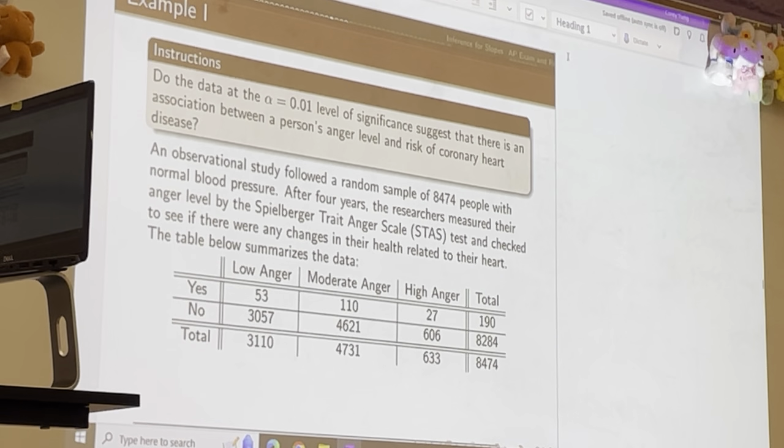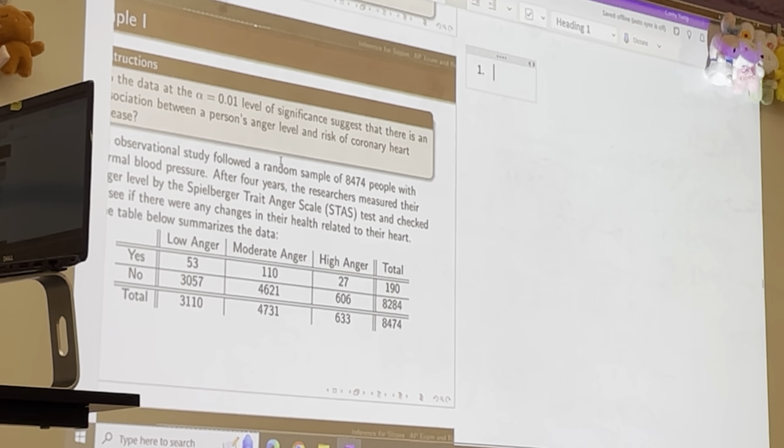And then right here, we could get started. So obviously the first step is pretty straightforward. There's no parameters to identify. We just say what our objective is.